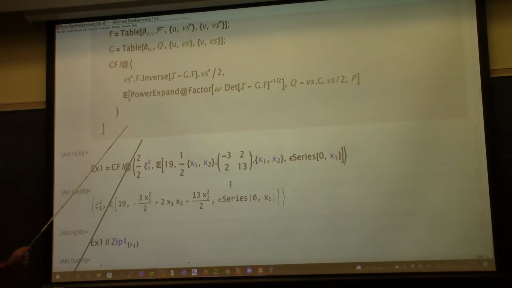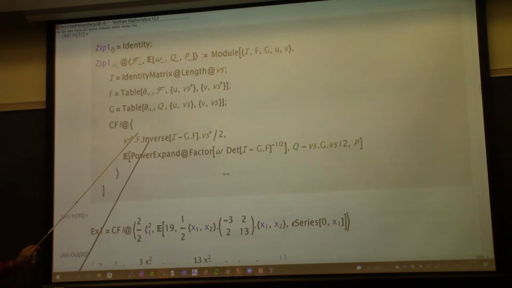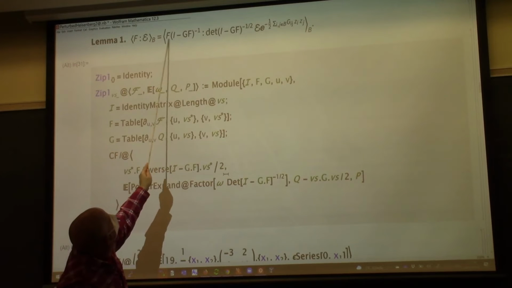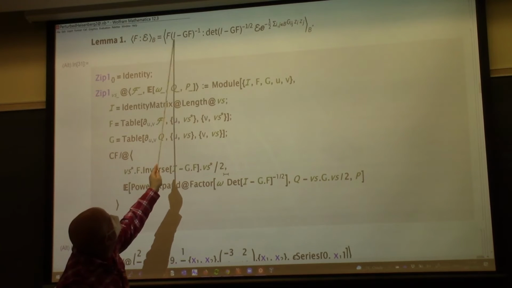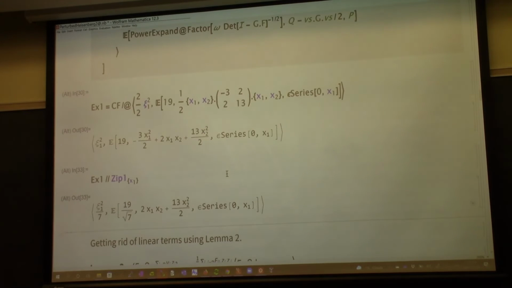This is the term. This is where the 7 is coming from, against a quadratic term in which the x1 squared term disappeared. So we've made progress. Okay.